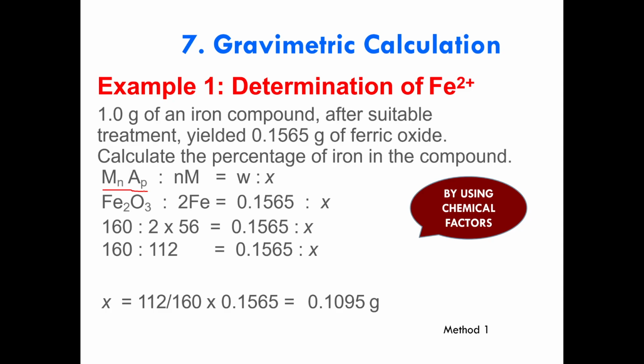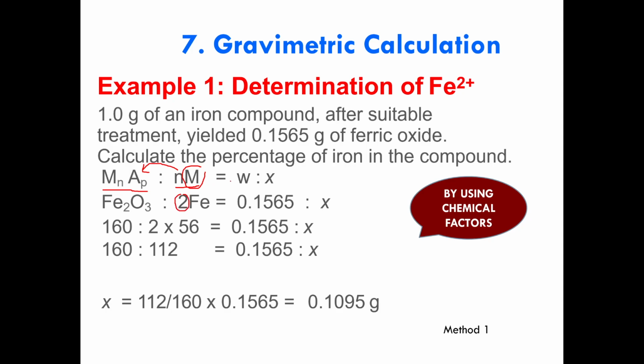the formula weight for the precipitate, which is M_n, ratio with n times M, where M is the analyte we want to determine. The analyte is Fe, which is iron, and n is how many iron in the precipitate. From the precipitate Fe2O3, there are 2 Fe in the precipitate, so we multiply by 2.